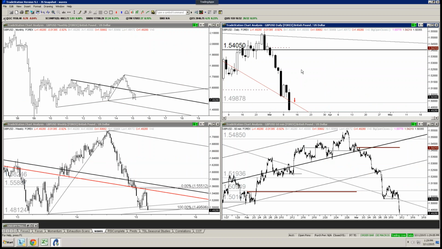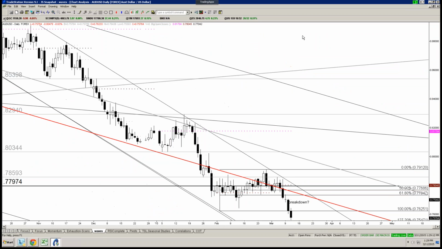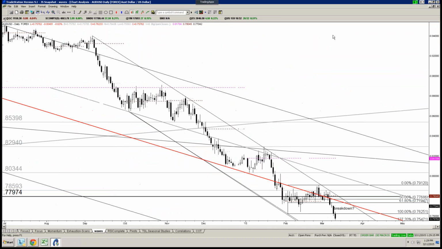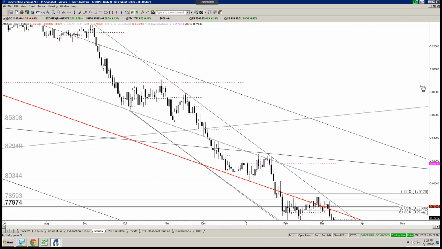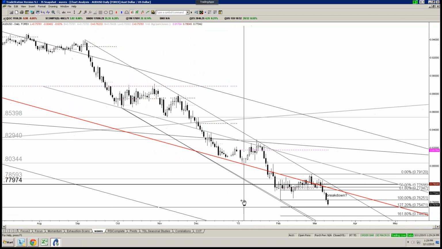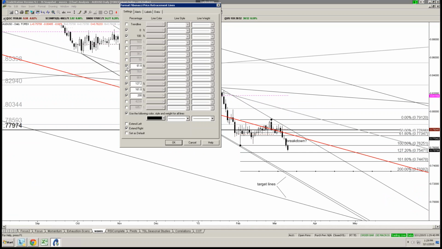Obviously, on the downside, Aussie has a lot of downside left. This was the weekend charts that were posted. Here's the daily, okay? Aussie dollar breakdown levels. In this market, might as well go for the full breakdown level.